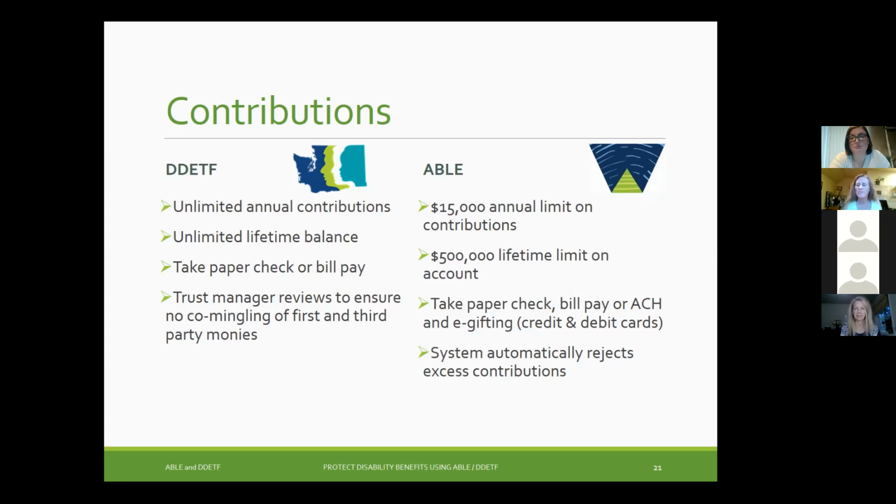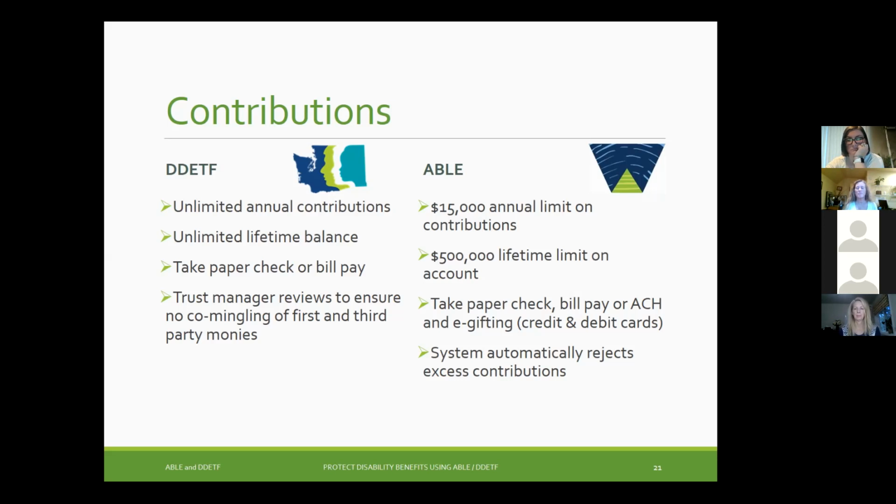Okay, so ABLE, the contribution limits are much tighter. It's subject to the federal gifting limit, and so only $15,000 can be contributed to an ABLE account per year, and that's all sources combined.